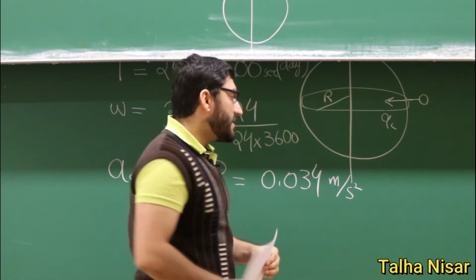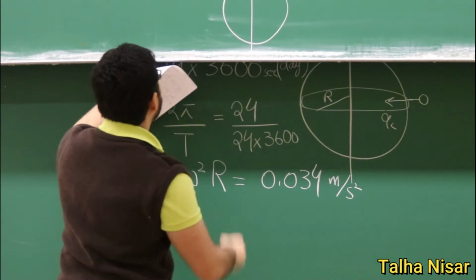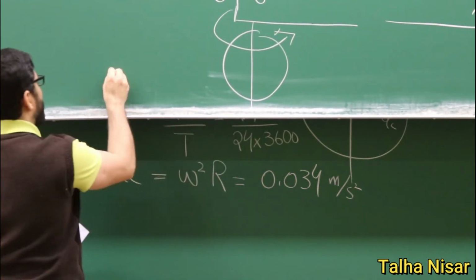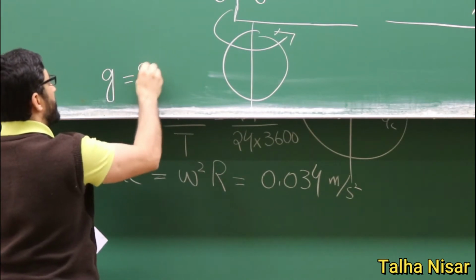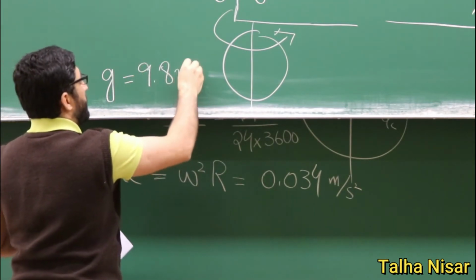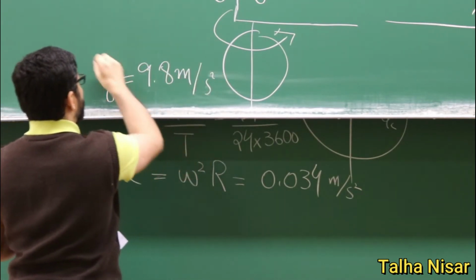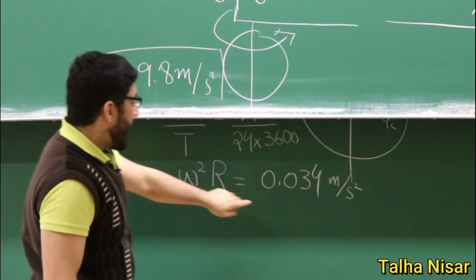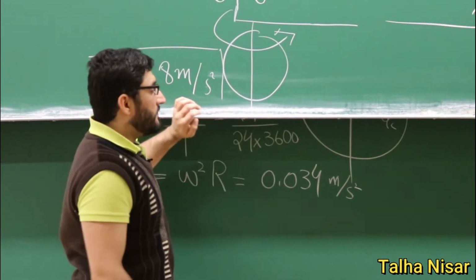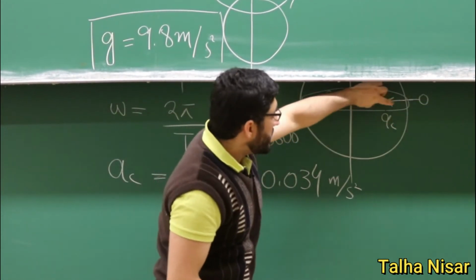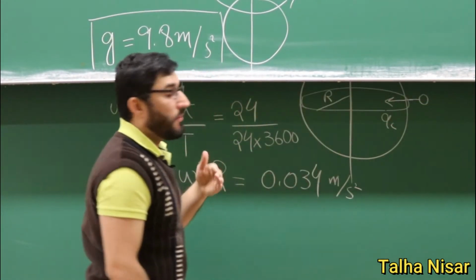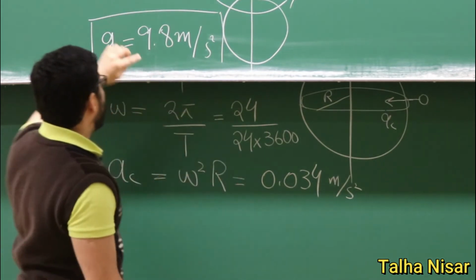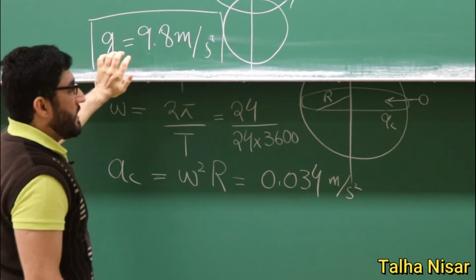If we compare this acceleration to the gravitational acceleration g, which is 9.8 meters per second squared, this centripetal acceleration is 300 times smaller than the gravitational acceleration.